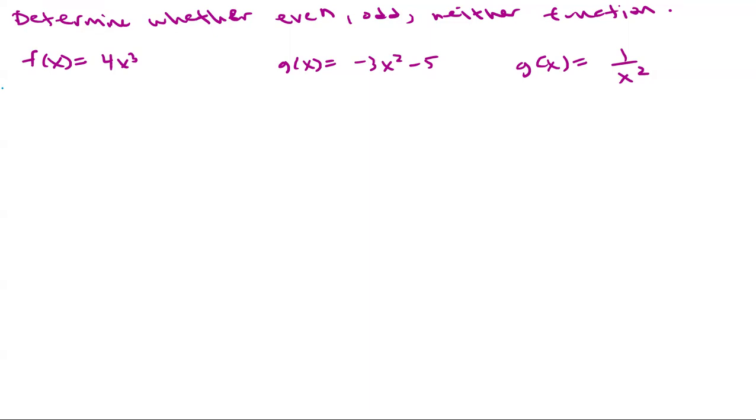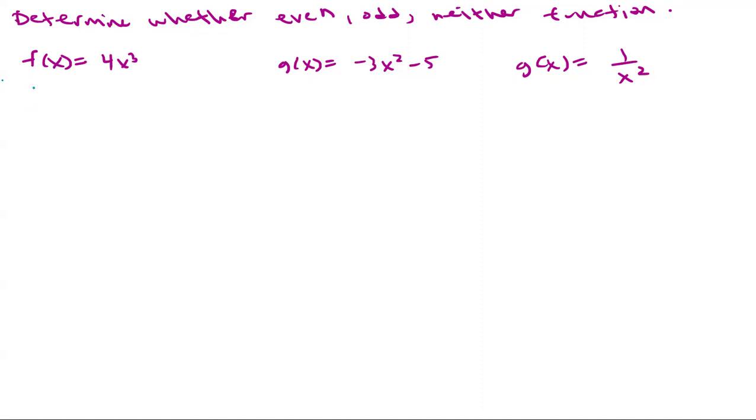So to determine whether it's even or odd, we just plug in negative x. If it spits out the same output as the original function, then it's an even function. If it spits out the opposite, meaning one is positive, one is negative, that's the only difference, then it's an odd function. But if it doesn't do any of that, then it's a neither function.